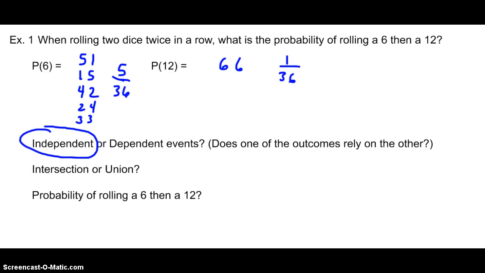Let's see how this works. So our first example here, we're rolling 2 dice twice in a row, and we want to know the probability of rolling a 6 and then a 12. So our possible options for adding up to 6 when we roll 2 dice would be 5 and 1, 1 and 5, 4 and 2, 2 and 4, and 3 and 3.